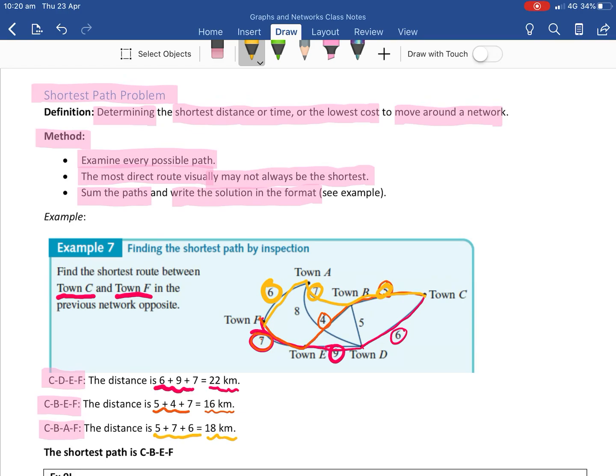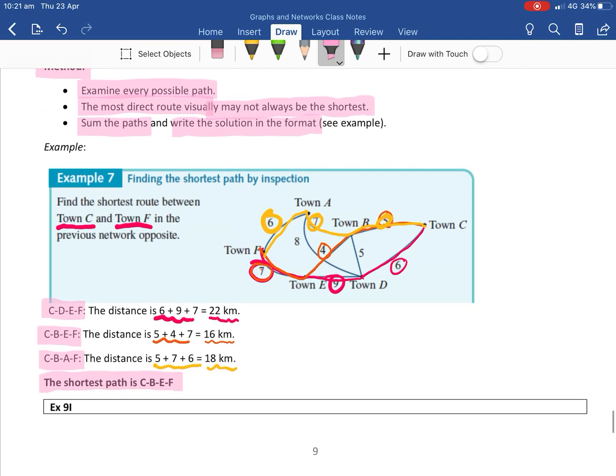So from looking at that, we can see that the shortest path is CBEF. It's very important to examine every possible path, and visually you can't tell what's the shortest. You actually need to be adding up the numbers, finding the sum. And that's it.